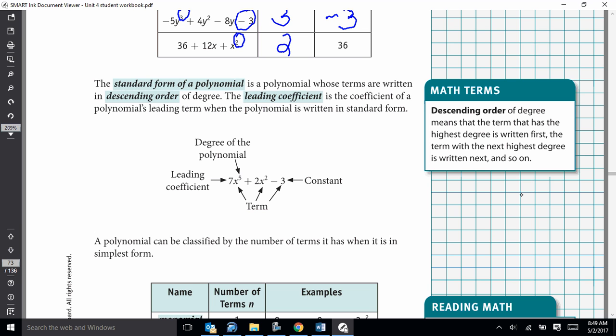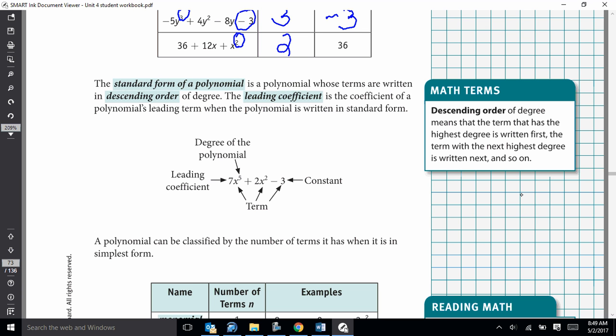All right, so our leading coefficient is our coefficient in front of our leading term, which is our term with the highest degree. It's the person out front, right? So our highest degree is 5, and our leading coefficient is the coefficient on that term, which happens to be 7. This polynomial has 3 terms.